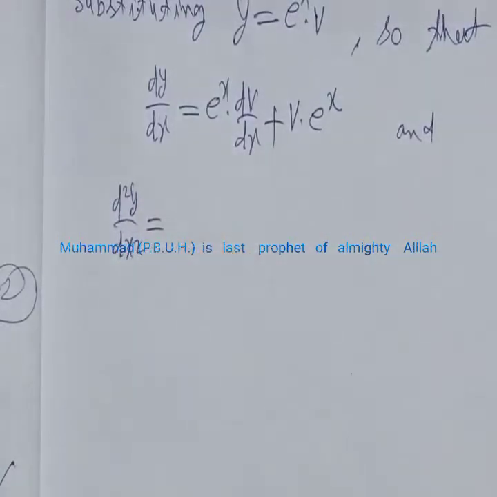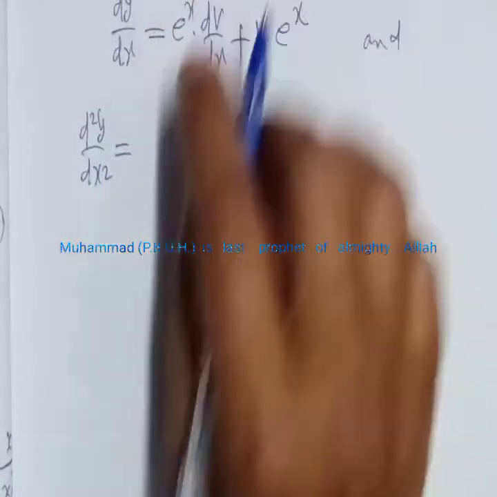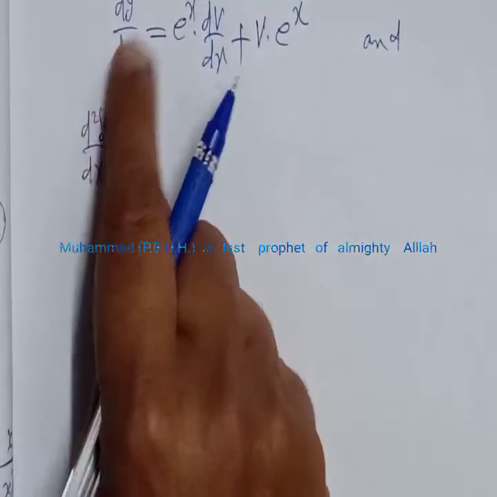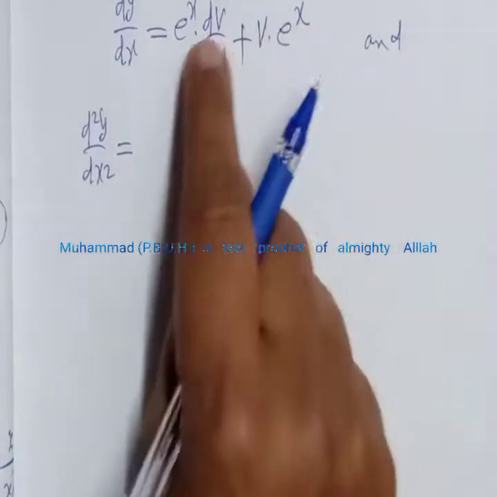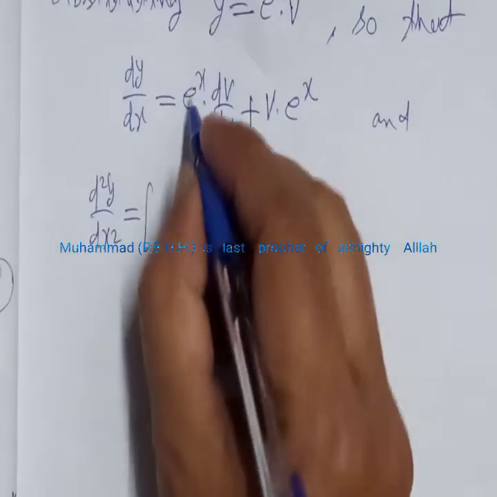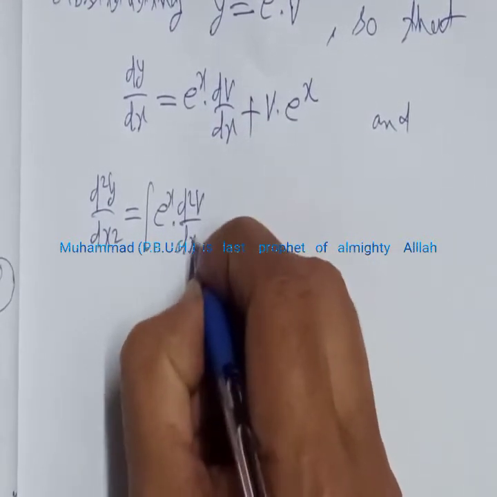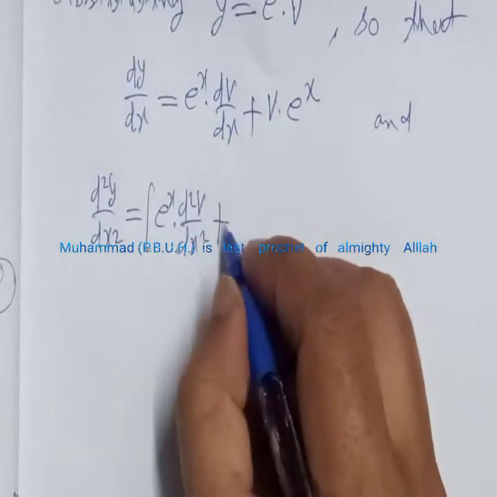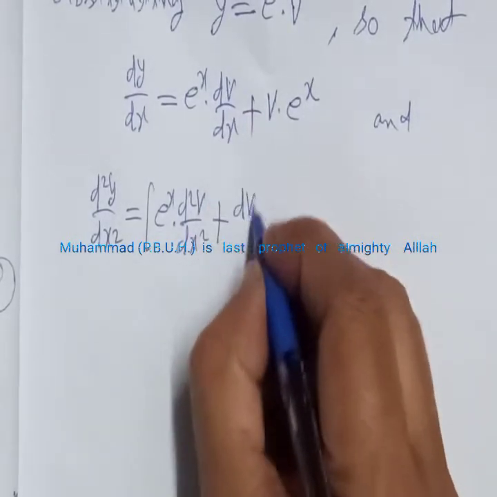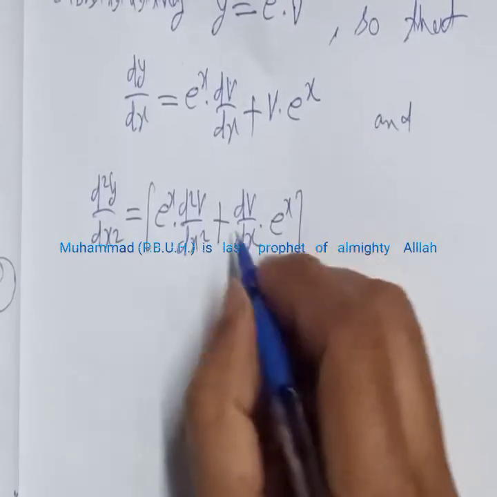So we have to find d2y over dx square by differentiating dy over dx again with respect to x. First we differentiate this term. We get first function times the differentiation of second, plus second function times the differentiation of first.